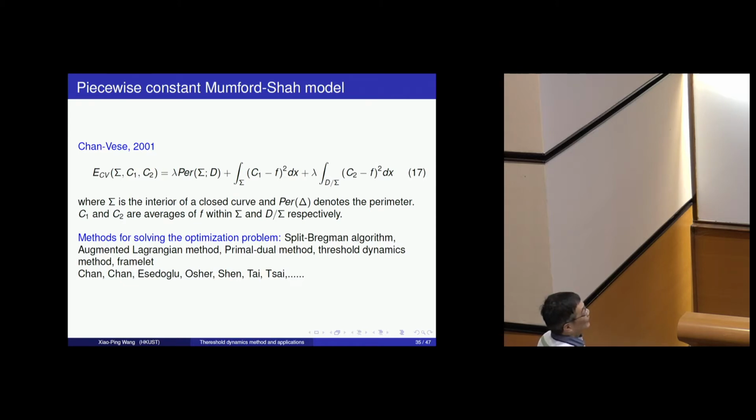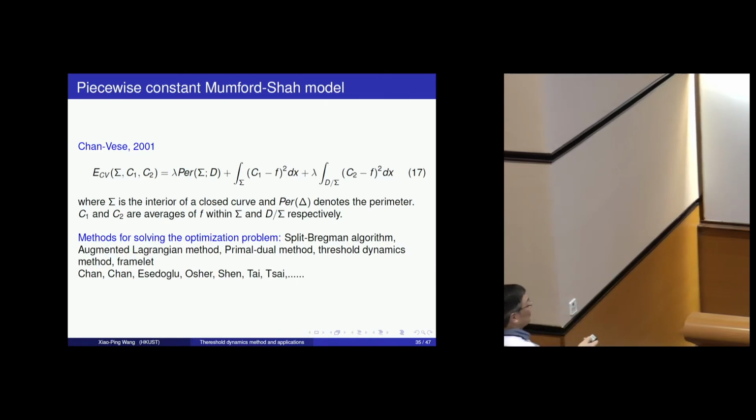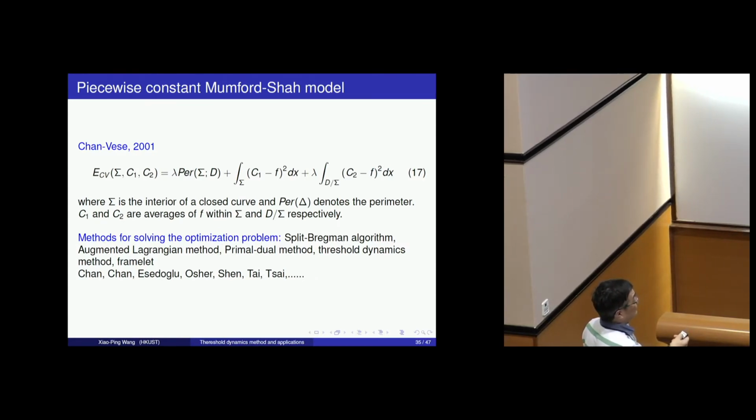In the case of a two-phase segmentation problem, you have constants C1 and C2, say 0 and 1, and they have to be sufficiently close to the original image F. And in this constant Mumford-Shah, you have a penalty, which is the perimeter of the domain of one of the phases. So there are a lot of numerical methods for solving this.